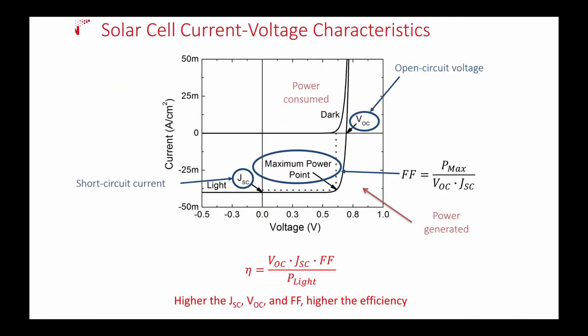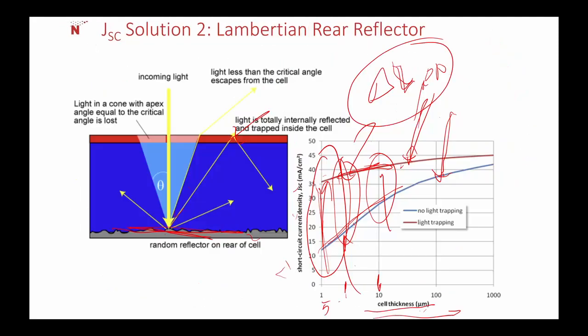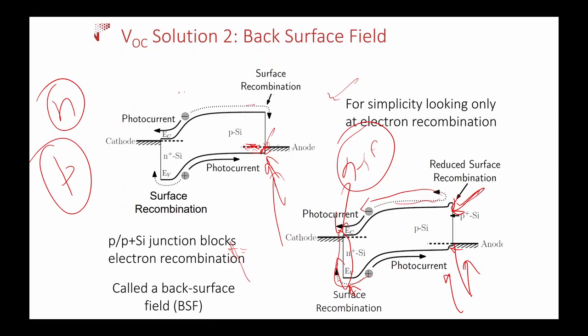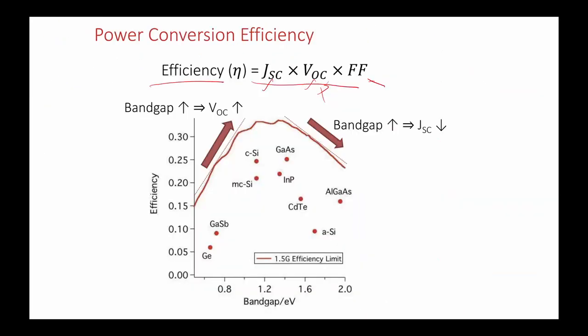This is P max, VM times JM, divided by VOC times JSC. Yes, this is correct: JSC multiplied by VOC multiplied by fill factor. This is the efficiency.